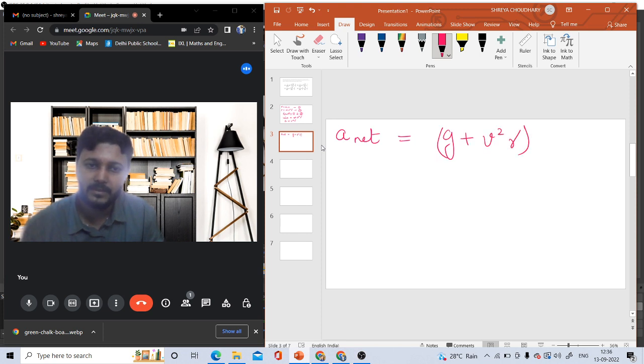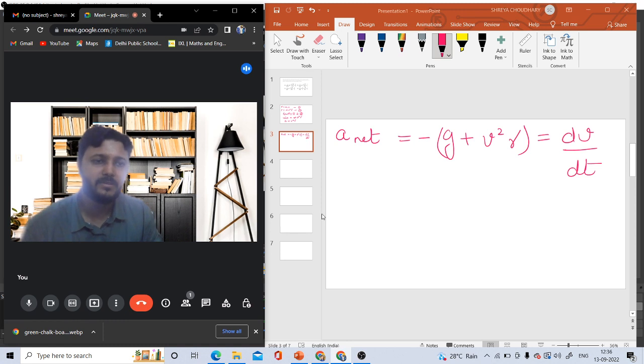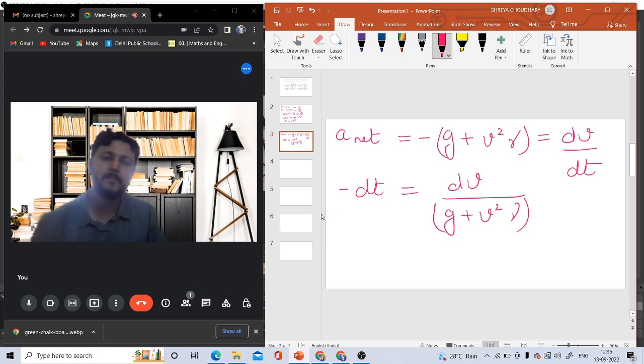Now we know that a can be written as dv upon dt. So on cross multiplying, we get dt equals dv upon minus (g plus gamma v square), isn't it? We are going to get that.